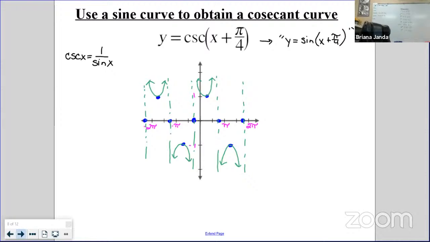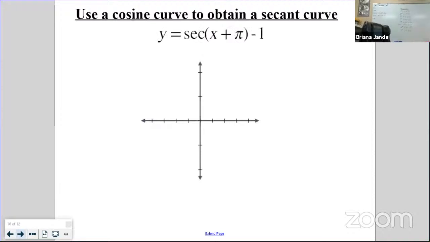Okay, so we're going to make sure we hit the rest of our types of transformations. We'll see an ROX on this one, and then we'll have one more where we have a vertical shift.